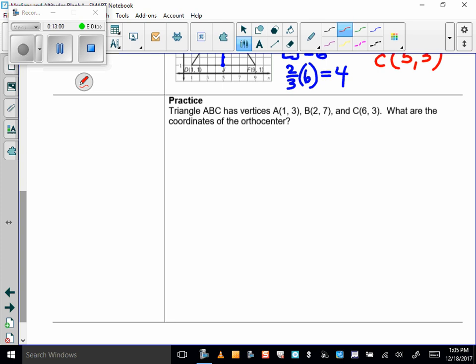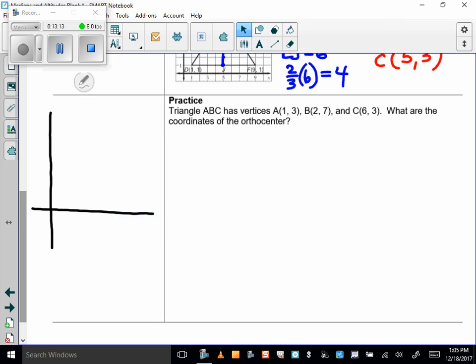Okay, here we go. Here's another good problem. Triangle ABC. We're going to draw us a sketch over here because you know that's the way we roll. Got to have those sketches. Triangle ABC has vertices at 1, 3, 2, 7, and 6, 3.